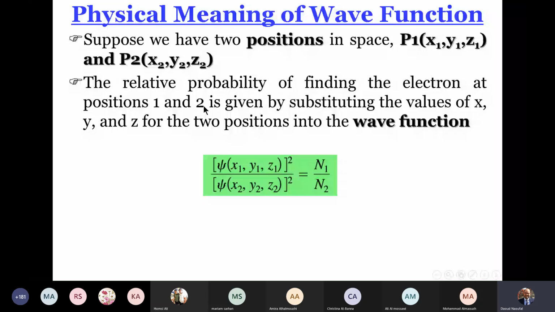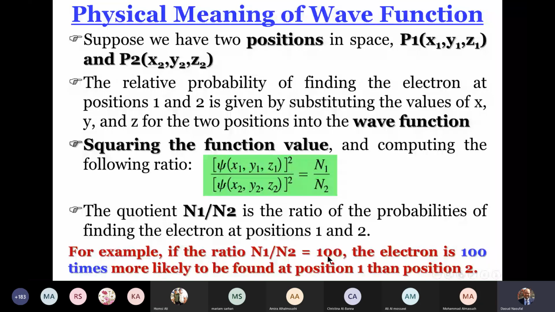Psi1 square is the probability to find the electron at point P1, and psi2 square is the probability to find the electron at P2. Suppose the ratio of probabilities is n1 divided by n2. n1 is a number and n2 is a number, and I will suppose that this ratio, for example, is equal to 100. What is the meaning of n1 divided by n2 is 100?